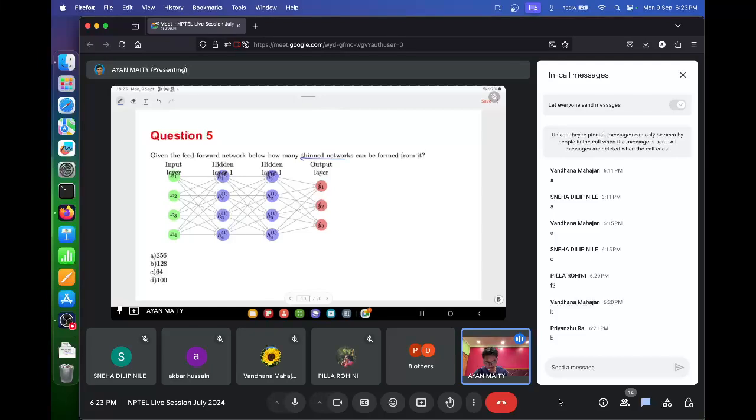So this is the network that is given, and if we only use dropout in the hidden layers, and there are two hidden layers you can see, then how many thin networks can be formed from this feed forward network? There are four options: 256, 128, 64 and 100.